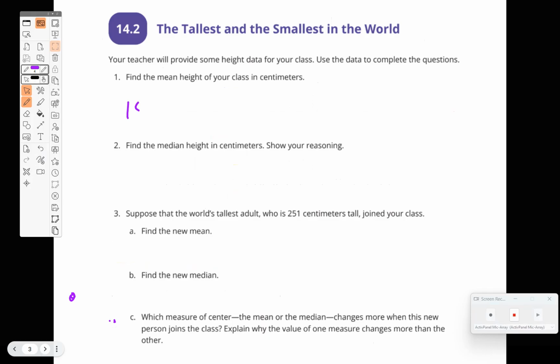155. 153. Pause on a marker switch. Throw that one away.